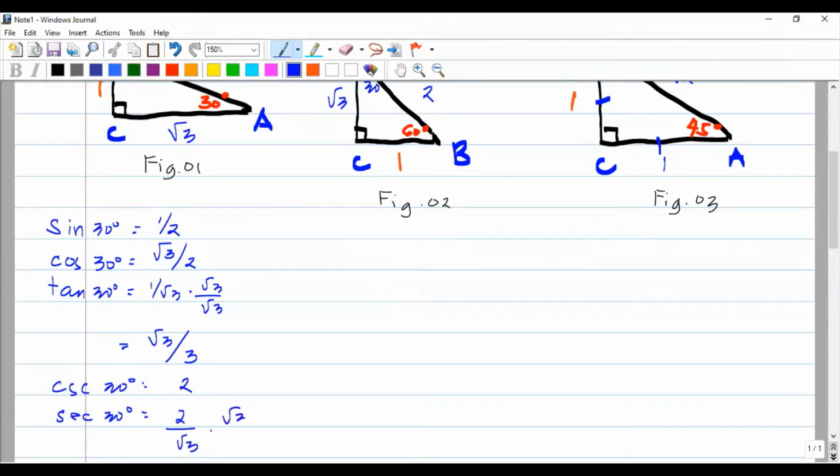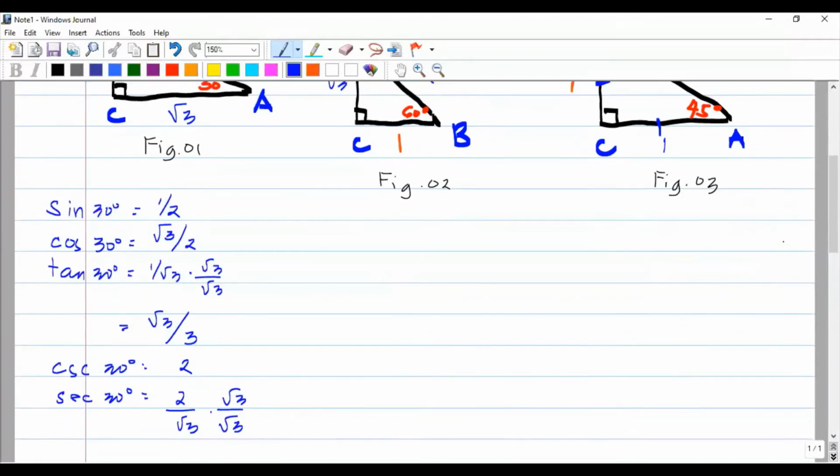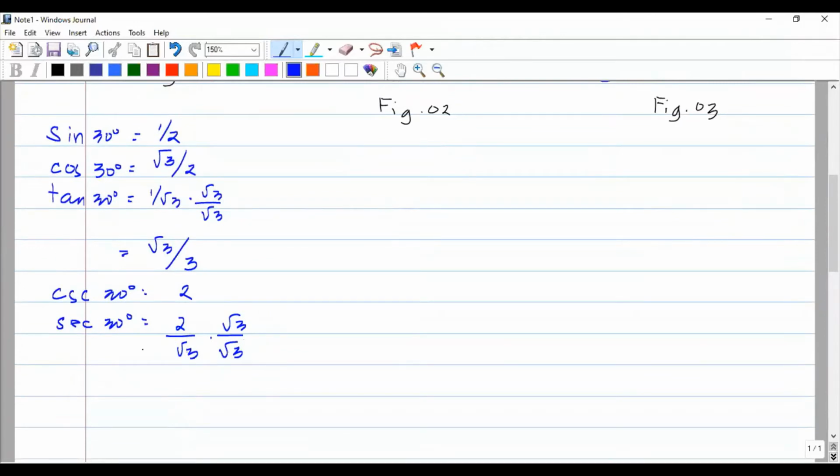And by the rationalization process, we have 2 square root of 3 over square root of 3 times square root of 3 is square root of 9. And square root of 9 is 3. And the cotangent 30 degrees is the inverse of our tangent 30, which is square root of 3 over 1 or square root of 3.